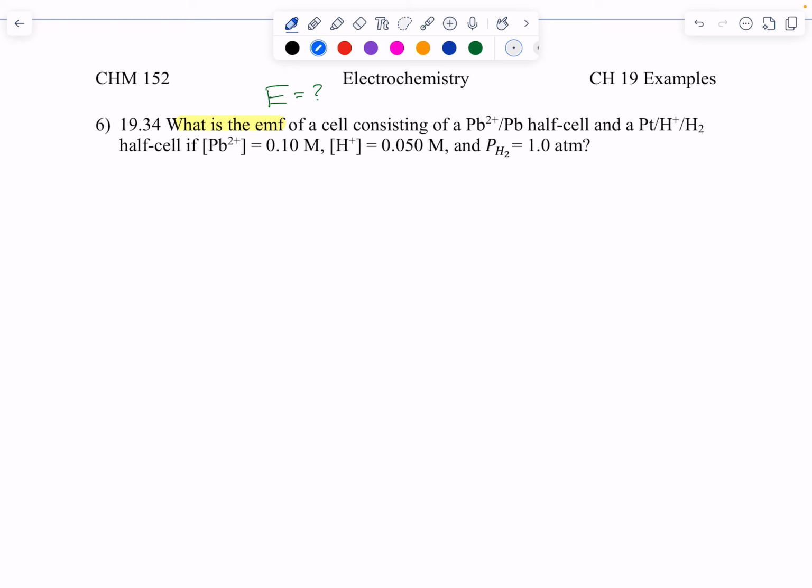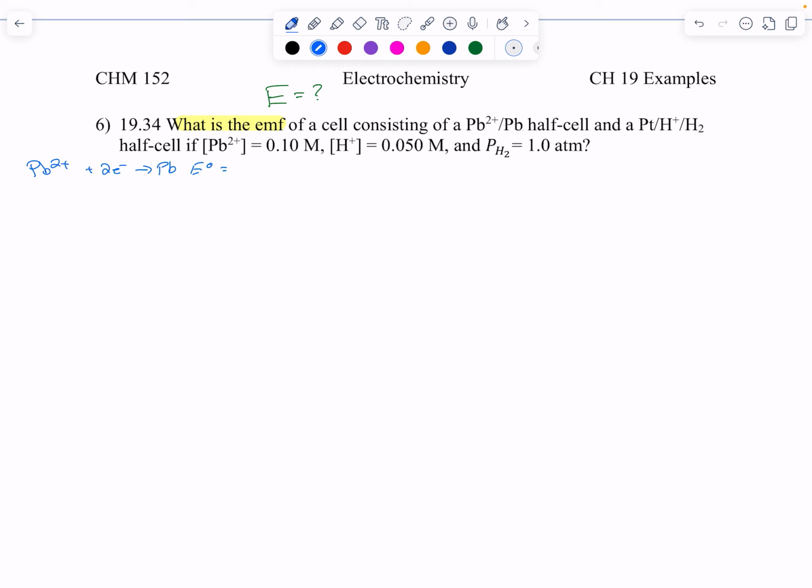All right. And so lead and lead 2+. If I look at Pb2+ plus 2 electrons going to Pb, what is E standard going to be?